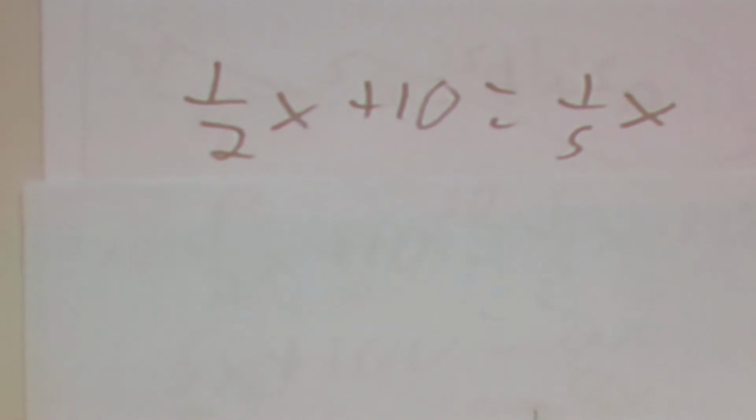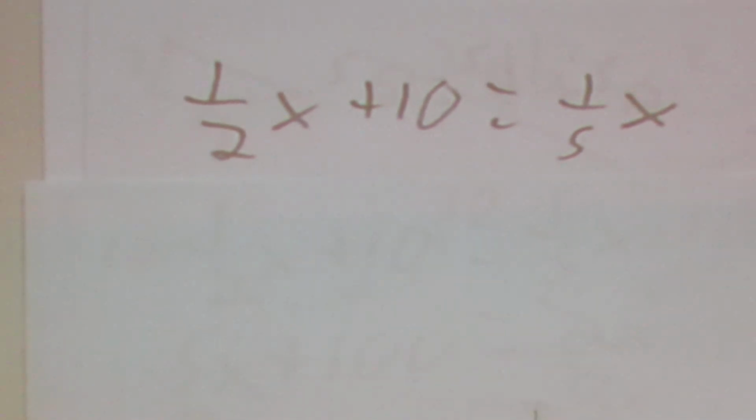Next, we're going to get one with fractions. Let's say we have 1/2 x plus 10 equals 1/5 x. So the best way to do this is to get rid of our fractions to begin with.